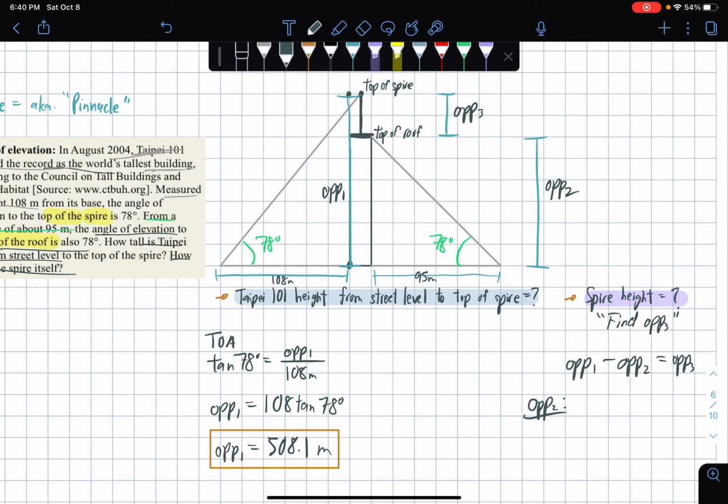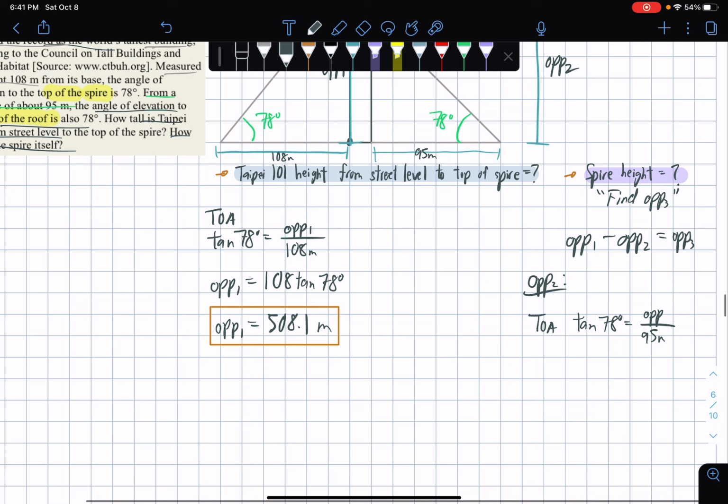And afterwards, we subtract. So, TOA, tangent 78 degrees is equal to opposite side over adjacent, which is 95 meters. Opposite side is equal to 95 tangent 78 degrees. So from that, opposite 2 is equal to 446.94 meters.